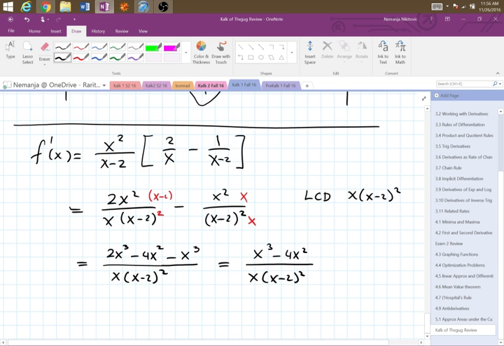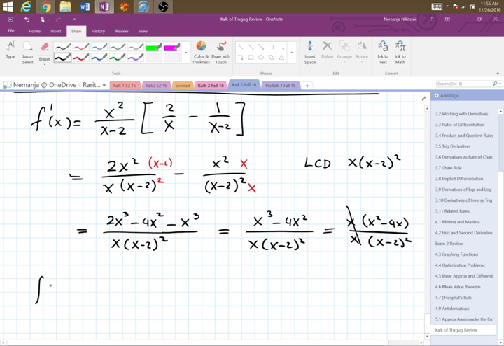I can factor out x. I can factor out x squared, but I don't need to. I just factor out 1x because that's how much I can cancel. These cancel. And now I have my first derivative written as x squared minus 4x divided by x minus 2 squared.